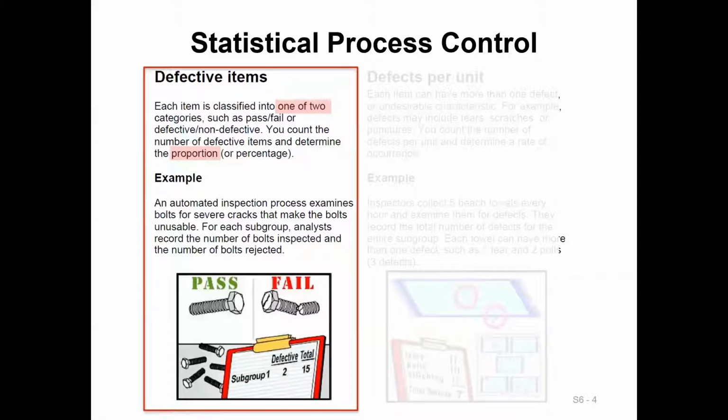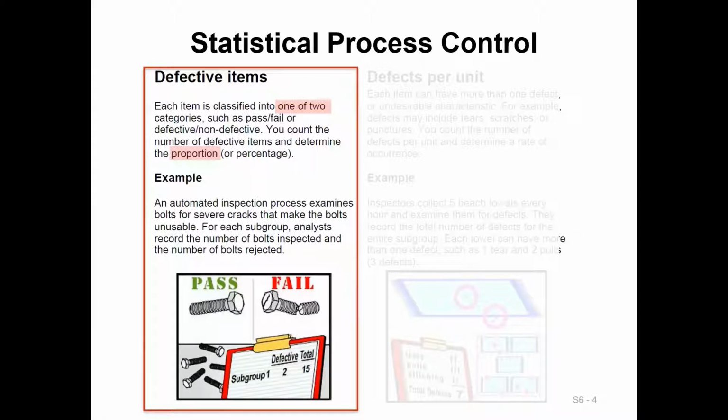P-chart is quite similar to NP-chart from the perspective that the inspection result of a defective item is either pass or fail. So the result of inspection can be classified into one of two categories, pass or fail. There is no other result besides pass or fail.